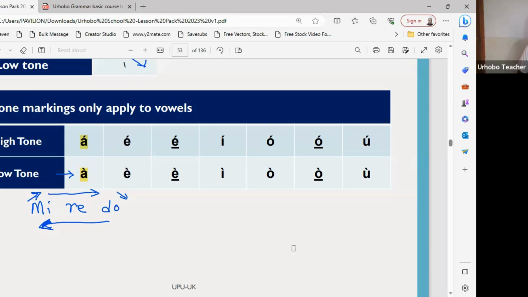So somebody should try the A, the rising, then the falling. Yes, good. Then the E sound.